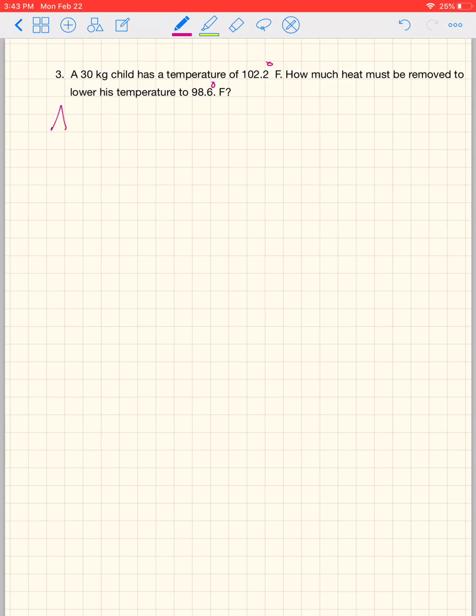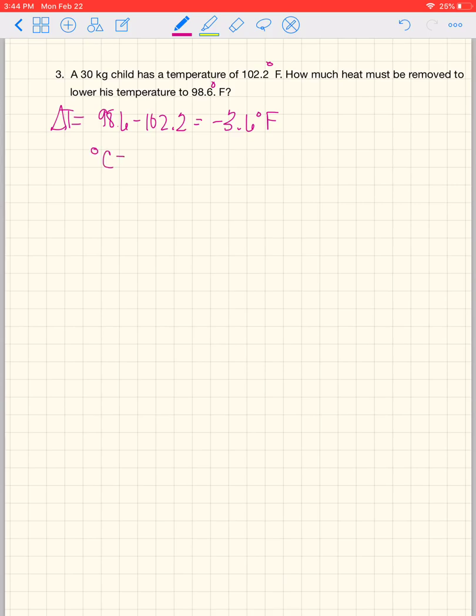So my delta T is T minus T naught, so 98.6 minus 102.2, which is a negative 3.6 degrees Fahrenheit. Now to make the conversion, I'm going to just pull out by what ratio is it different. So this is how I would do this one.